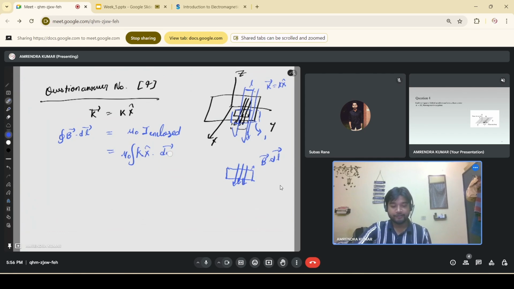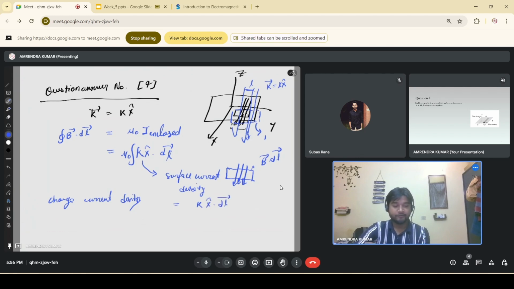Okay, now the current will be K dot dl, right? Whatever this is, because this is the surface current density. So the current density will be multiplying this with K x dot dl.